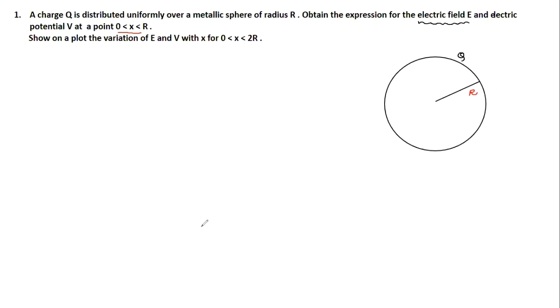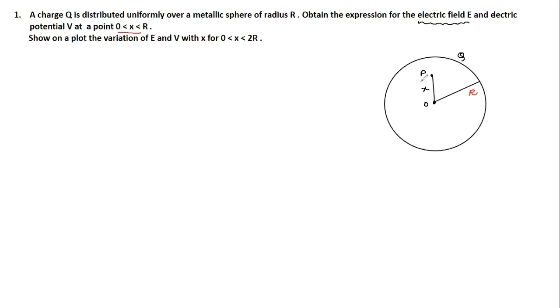That 0 is nothing but my origin, or my center O. You have to find out the electric field at a point, let's say here. This is my point P, and this point P is at distance x from the center. So let's say this is my distance x. We have to find out electric field and electric potential at this point P.